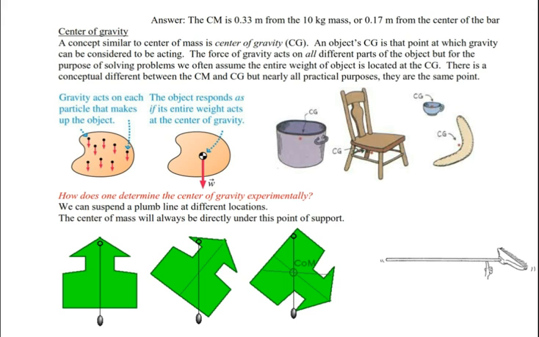So the concept of center of mass and center of gravity are very, very similar. The difference is just simply that the center of gravity of an object is the point where the force of gravity can be considered to be acting at that location. So really the force due to gravity is acting at that point. Whereas the center of mass is really the weighted average of all the mass of that object, where that could be assumed to be concentrated at that point.